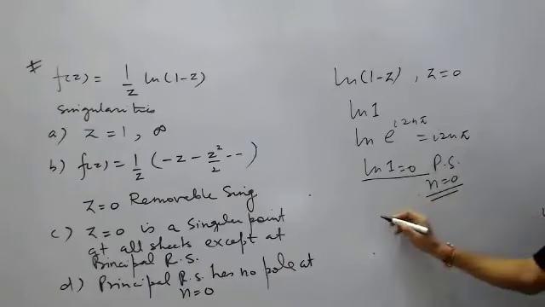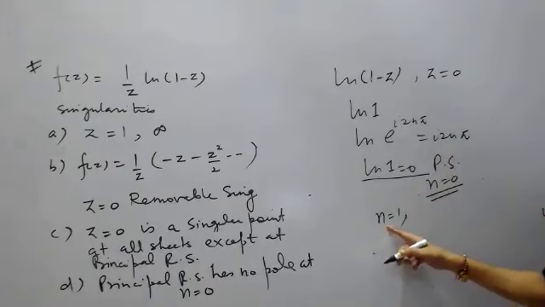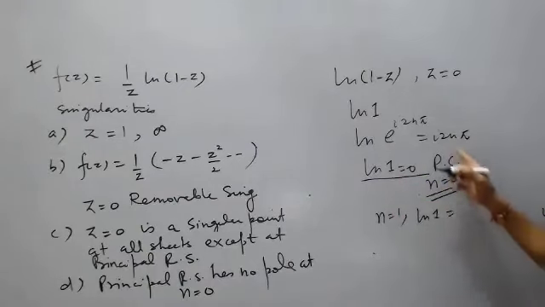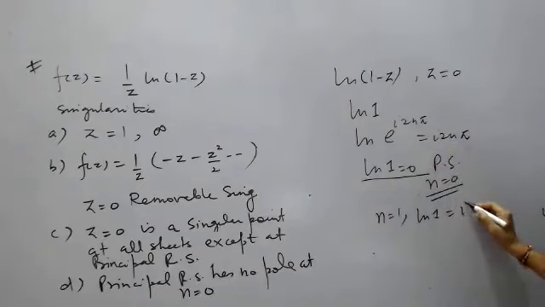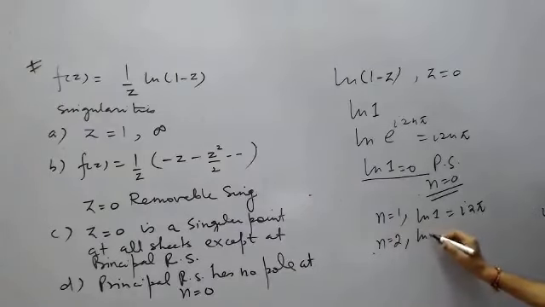Otherwise, if you take n is equal to 1, that means the first Riemann sheet, what is the value of log 1 there? What will it become? i 2 pi. What is the value on the second Riemann sheet? The value of log 1? Yes?